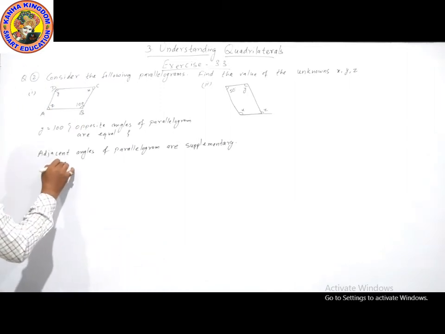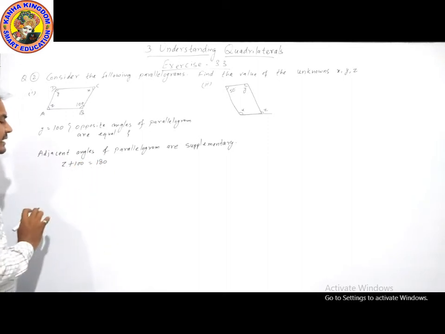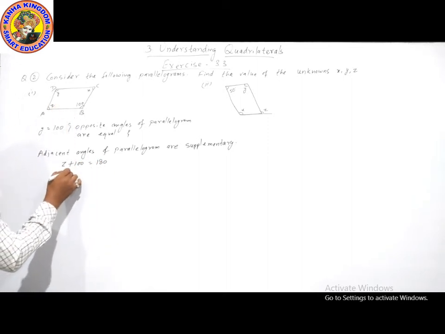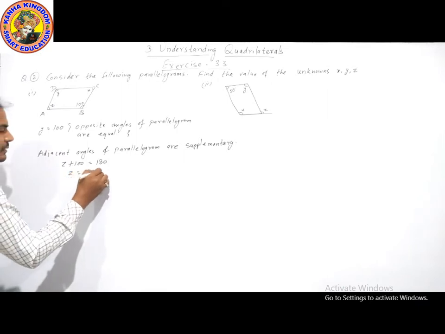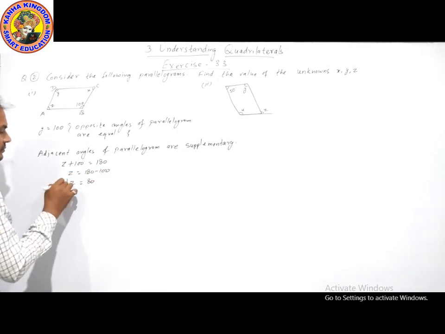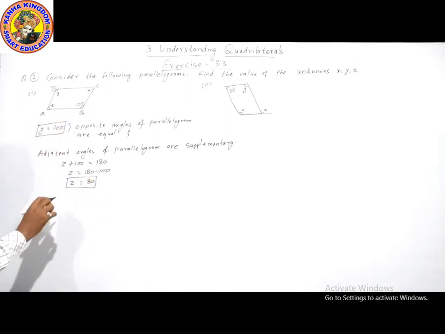So z plus 100 is equal to 180, supplementary meaning 180. So z is equal to 180 minus 100, z is equal to 80. Y is 100, z is 80.